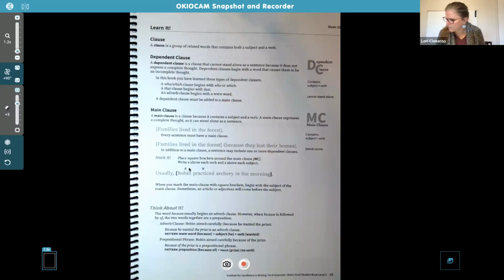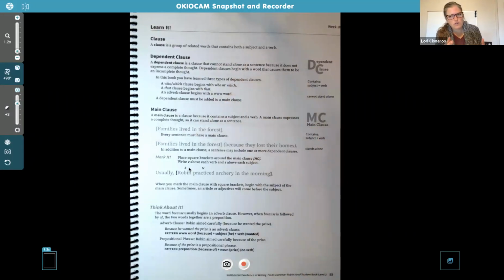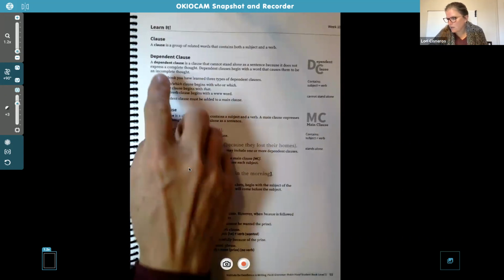Okay, so page 55, we're talking about clauses. A clause, and we've been talking about this for a while, is a group of related words that contain both a subject and a verb. So it's part of a sentence. There are different types of clauses in our sentences. We're going to talk about the dependent clause.